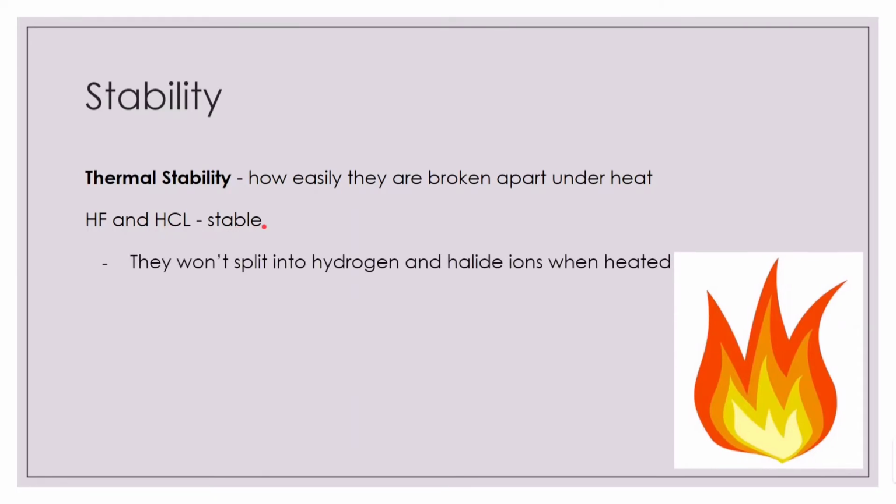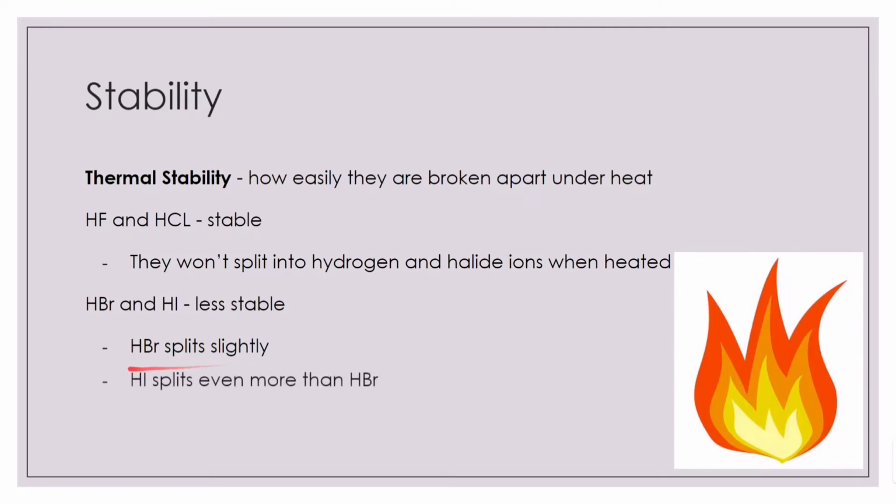This means that they will not split into hydrogen and halide ions when they are heated. But hydrogen bromide and hydrogen iodide are less stable. Hydrogen bromide splits slightly into its hydrogen and halide ions when put under heat, and hydrogen iodide splits even more than hydrogen bromide.